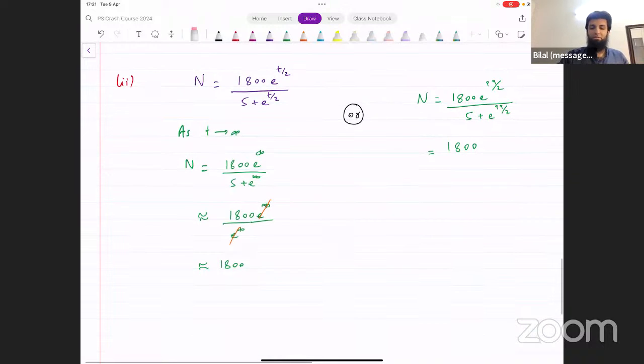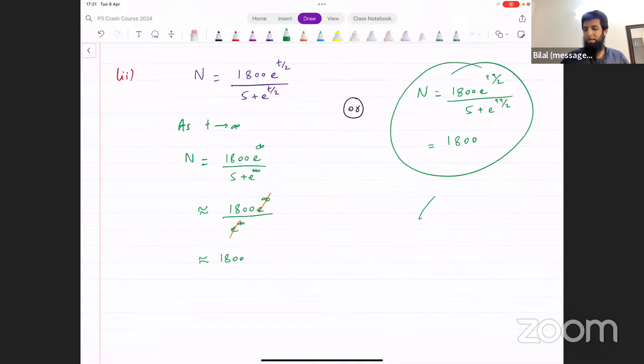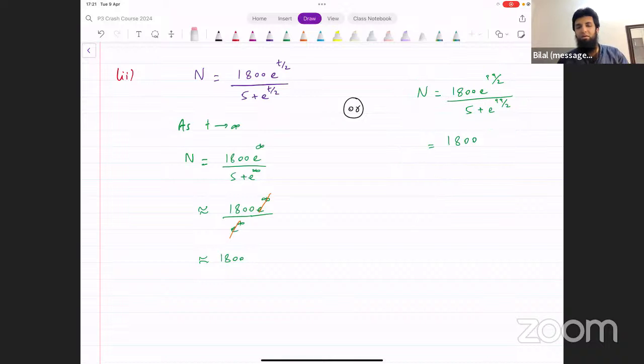Or you could just use your calculator, and at this level, that's going to be easier. Put a large value in your calculator. Sometimes it will give you an error because it can't handle that larger value. In that case, make that value slightly smaller, and that will be it.